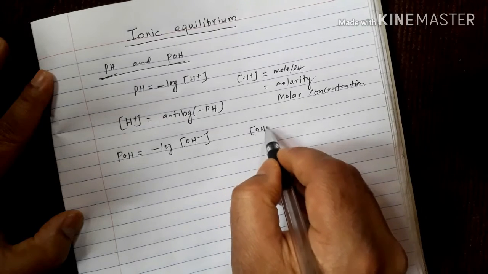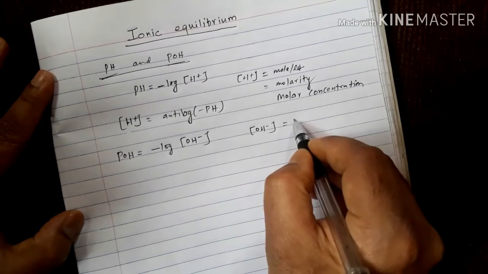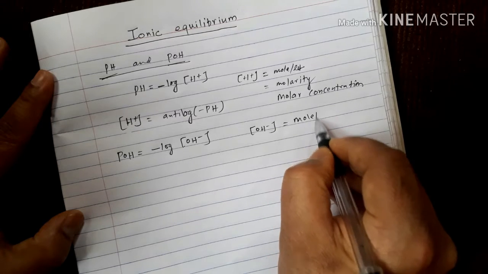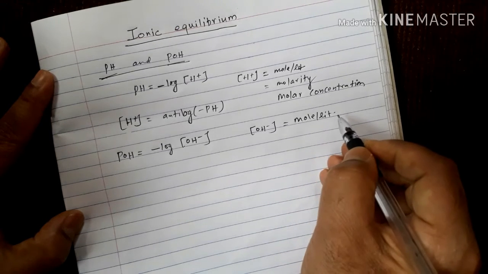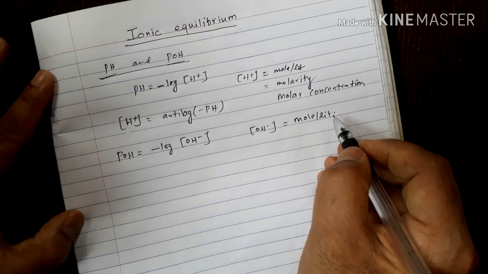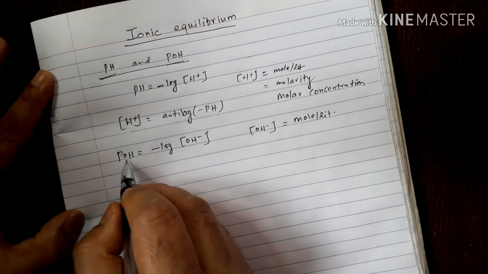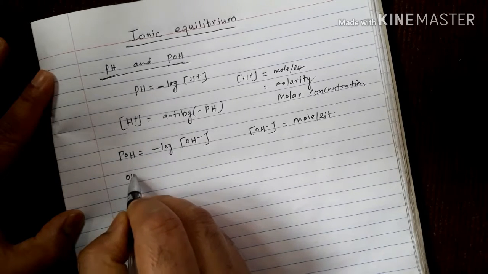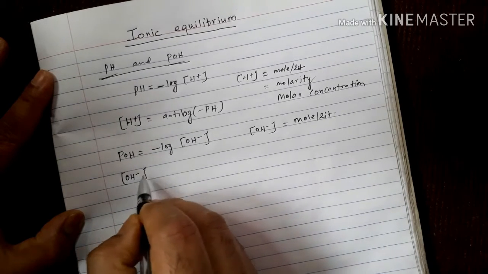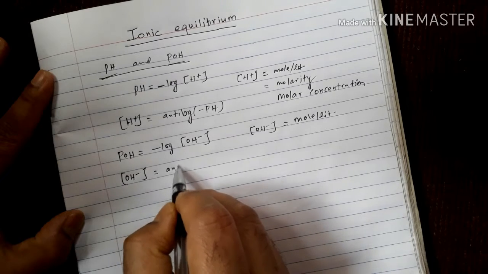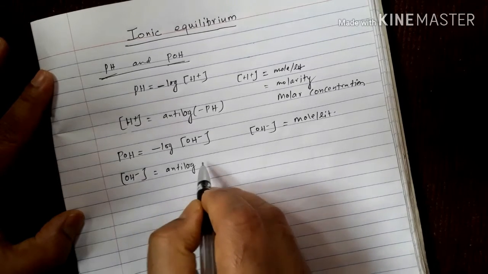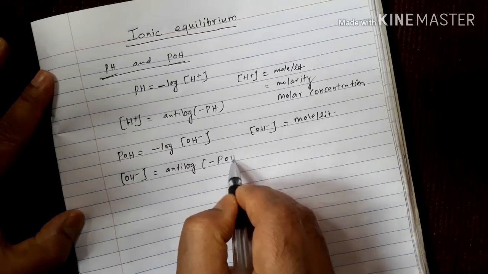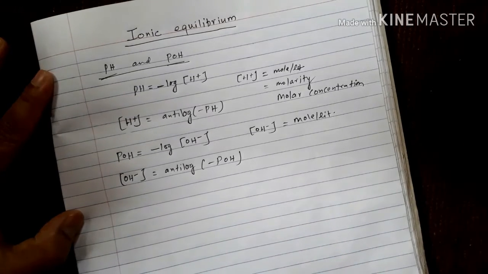Similarly, hydroxide ion concentration should also be in terms of moles per liter, that is molar concentration. If pOH is given, then the concentration of hydroxide ion can be calculated by antilog of minus pOH.